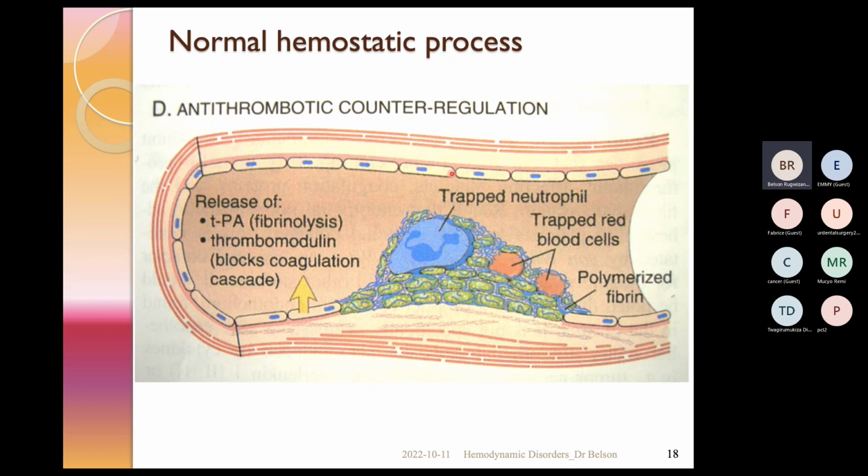So then there is the antithrombotic counter-regulation. So meaning that there are things which will come to destroy the thrombus or that clot. This is in a physiological way. So ntabwo umubiri wakwemera ko iki kintu gikomeza gukura kubera ko umubiri uzi consequences zayo.